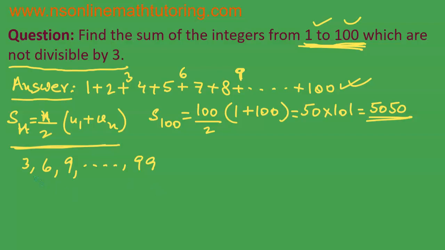So we see there is a common difference of 3 between consecutive numbers. Hence, this is also another finite arithmetic sequence, which can be converted to an arithmetic series: 3 plus 6 plus 9 plus ... plus 99.